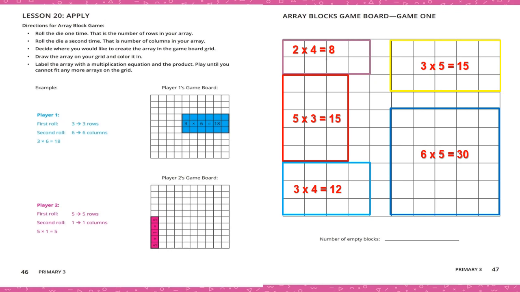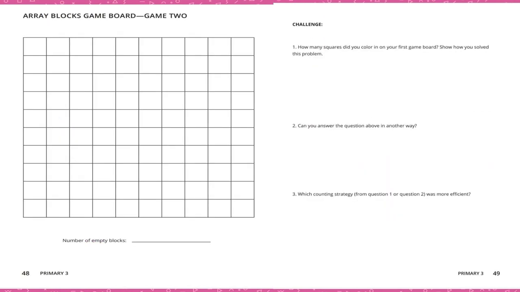Here, 6 times 5, 6 rows and 5 columns equals 30. And the last one, 1 times 4 or 4 times 1, 4 rows and 1 column. The number of empty blocks: the empty blocks here, we can count them. The total number will be 16.